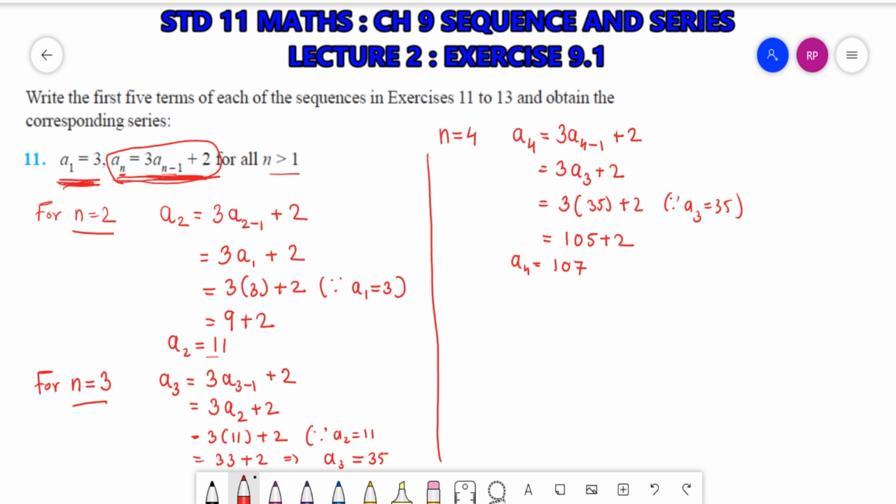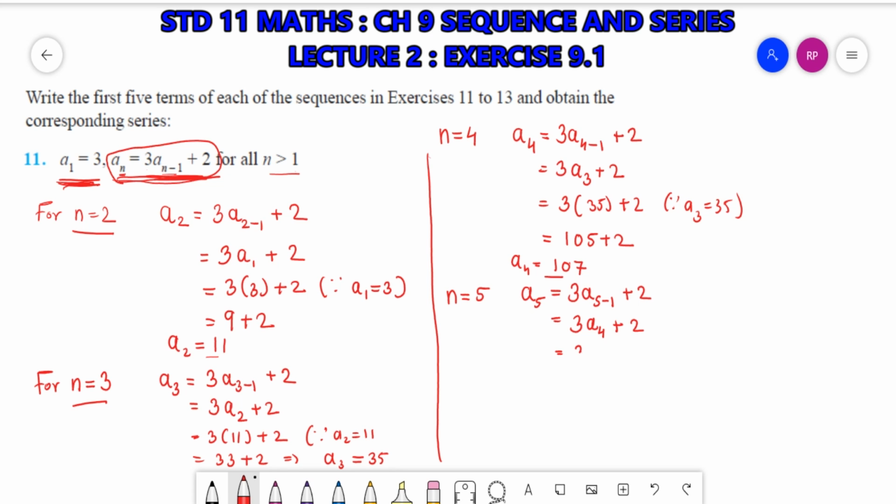Okay. Now the last, that is the fifth term, n equal to 5. For that, a5 is equal to 3 a(5 minus 1) plus 2. So 3 a(5 minus 1) will be 3 a4 plus 2. We had already found that a4 is equal to 107.